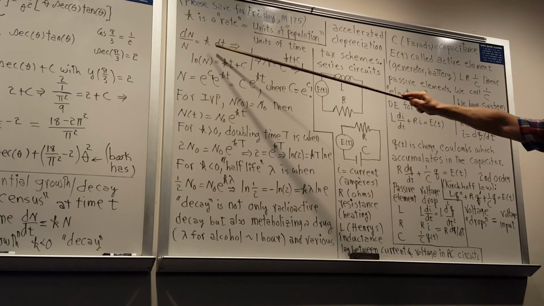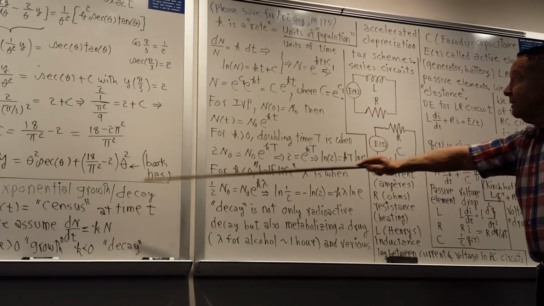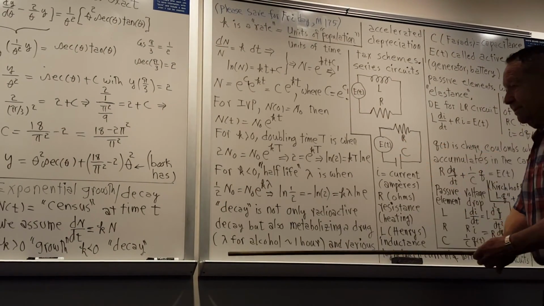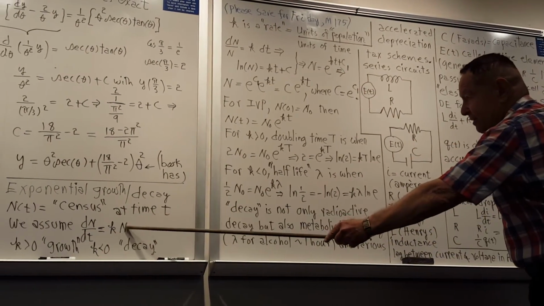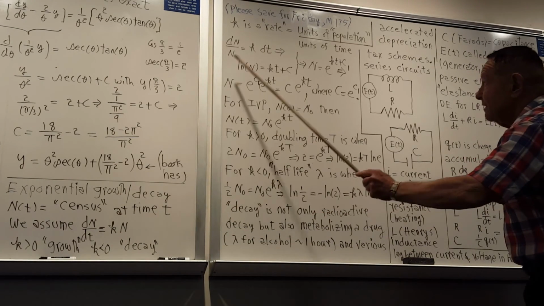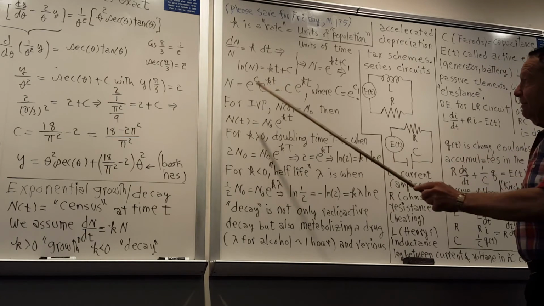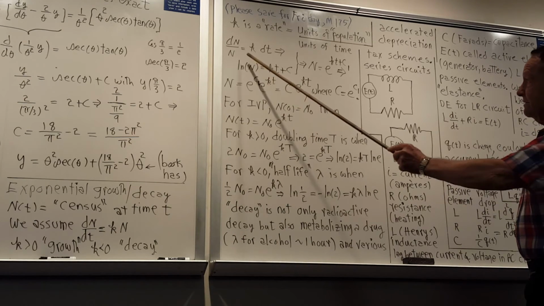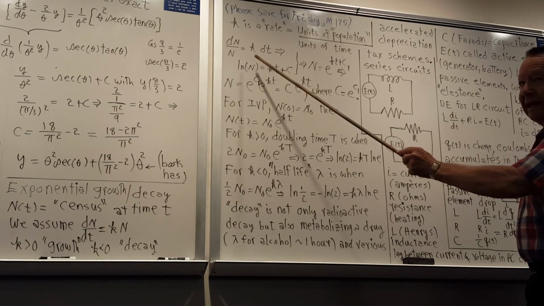So from your differential equation, you can separate variables. Divide by the n, multiply by the dt, and then you can integrate both sides.